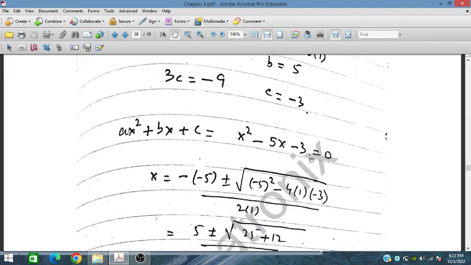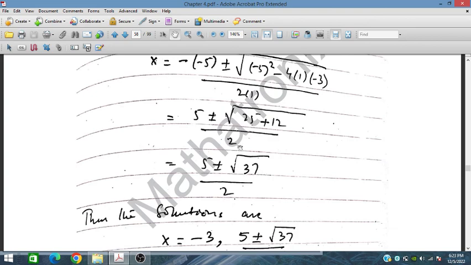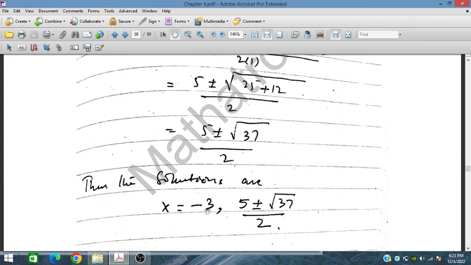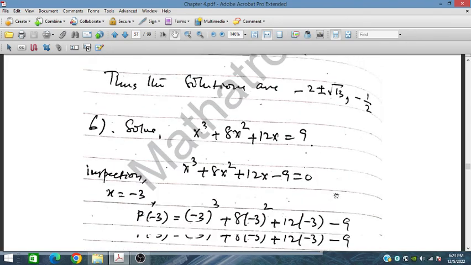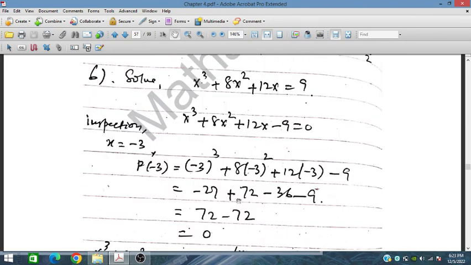So this can be solved by using the quadratic formula, and we have obtained this solution: minus 3, and 5 plus minus under root 37 divided by 2. So here we again have 3 solutions, and this is question number 6. In the next session we will cover from problem number 7 to the last one.